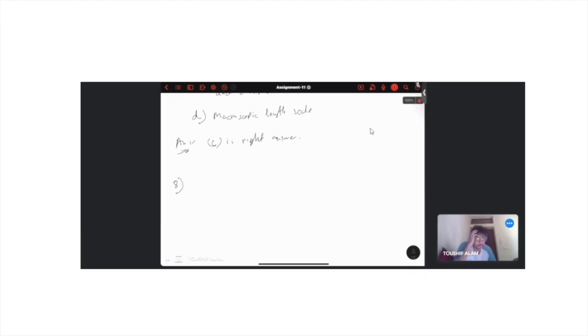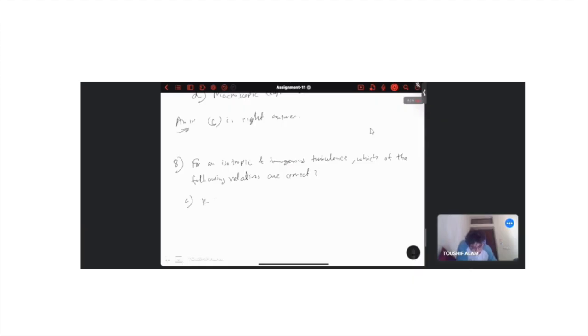Question number 8 is: for an isotropic and homogeneous turbulence, which of the following relations are correct?